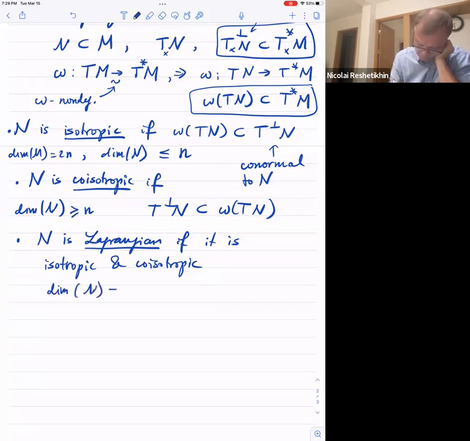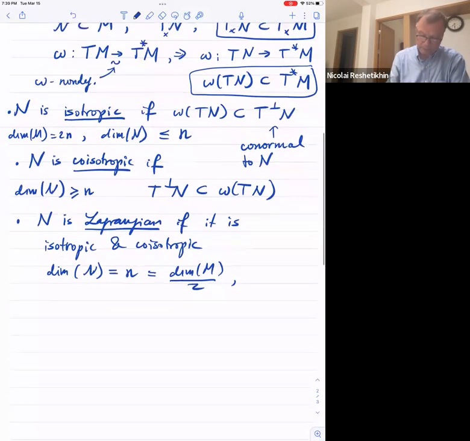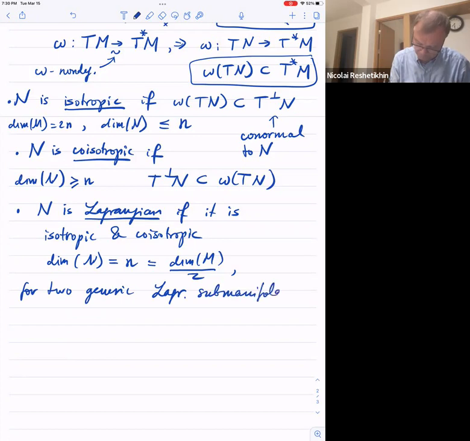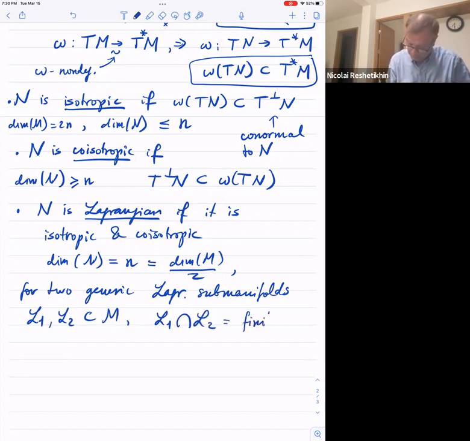It's a half-dimensional submanifold, and it's equal to the dimension of M over 2. And this is a very nice property because for two generic Lagrangian submanifolds, let's say L1 and L2 in M, the intersection of L1 and L2 is a collection of finitely many points.